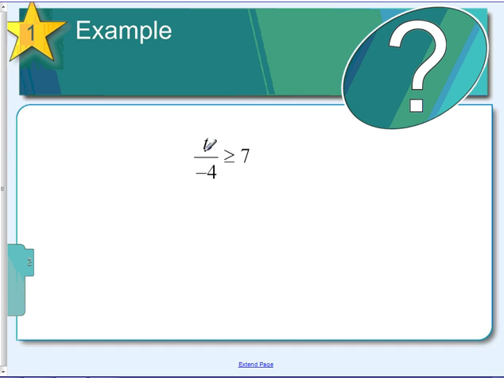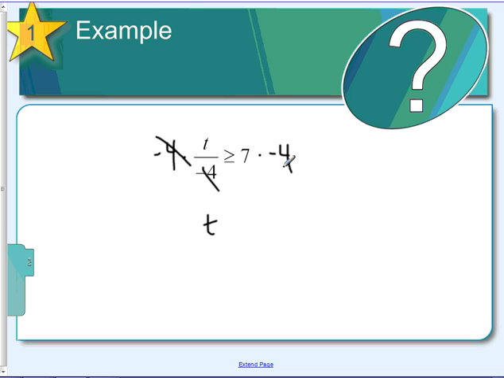Okay, so we're just going to go through and do some examples here. We have t divided by negative 4 is greater than or equal to 7. So I'm going to multiply both sides by negative 4, just like we normally would with any inequality. Those would cross out, and we're left with t.